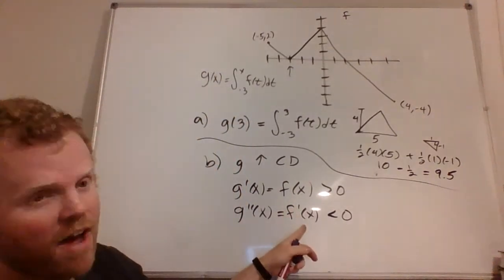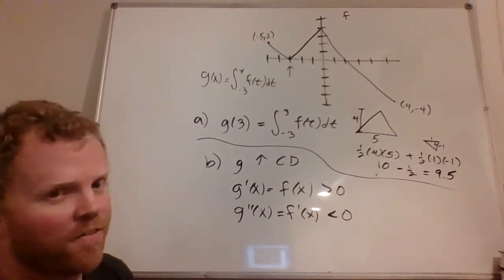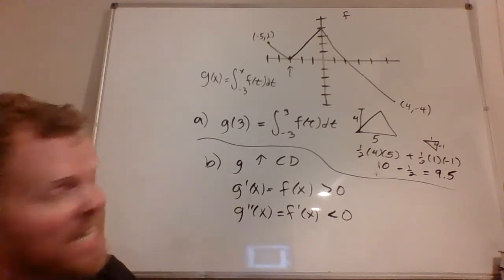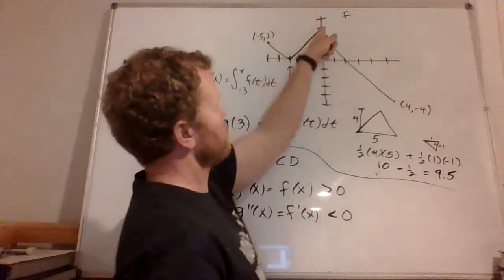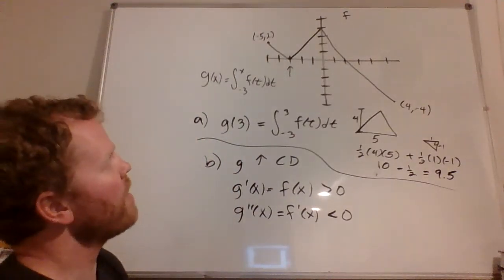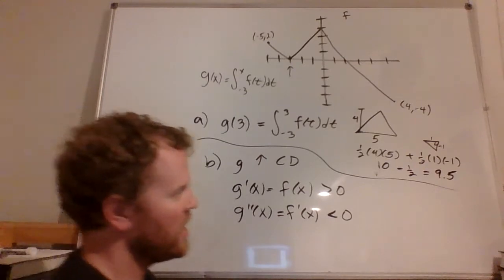So we have a graph of f, so we need f's derivative to be negative, and f's derivative is negative when it's decreasing. So any place on the graph where the function is above the x-axis and decreasing is a winner.